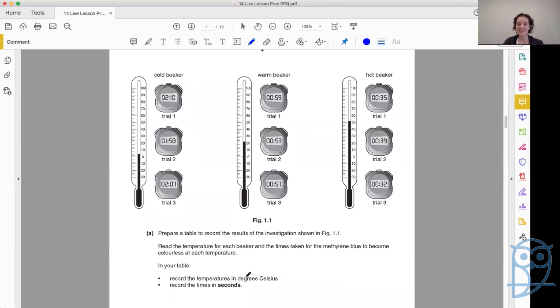They tell us in seconds. Now remember, we've already identified when we were reading that initial SPLAB that the temperature here is our independent variable. And our times are our dependent variables. So that also helps us when we come to planning our table.